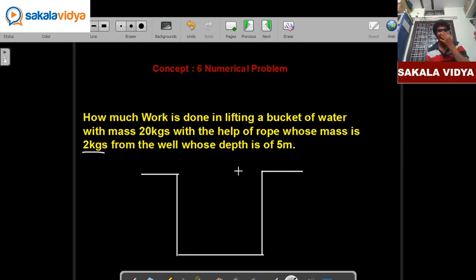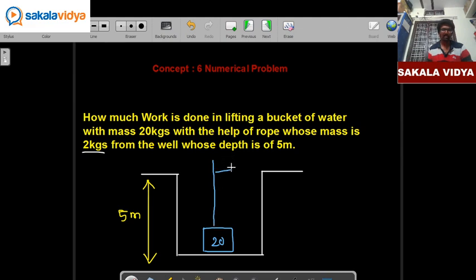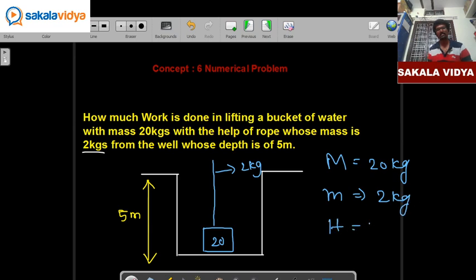So this is our well, where the depth is how much? 5 meters, from which a bucket of mass 20 kg is being lifted by using a rope of 2 kg. So capital M, the mass of the bucket, is 20 kg, small m, the mass of the rope, is nothing but 2 kg, and capital H is nothing but the displacement or depth of the well.